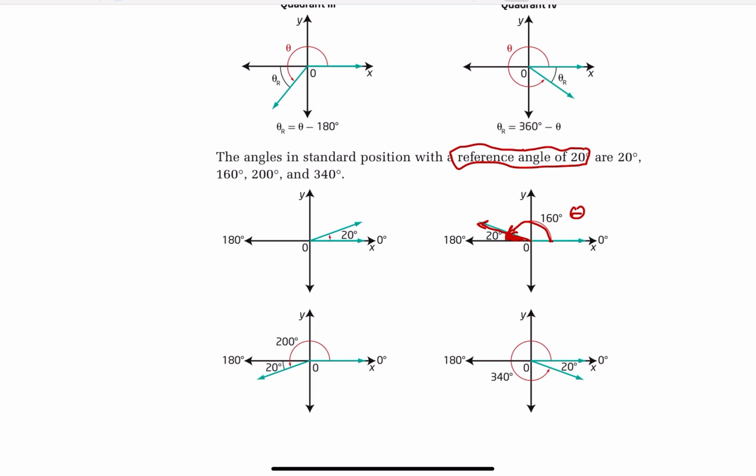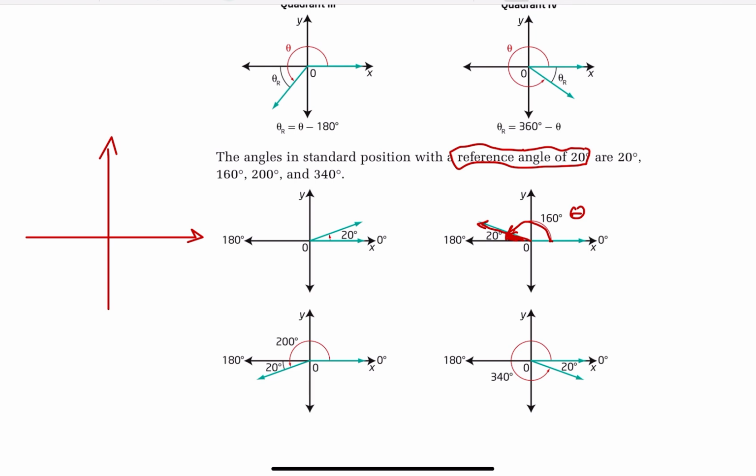Another example, if you are given one example like this. This is your x-axis, and this is your y-axis. For example, suppose we are given this angle.